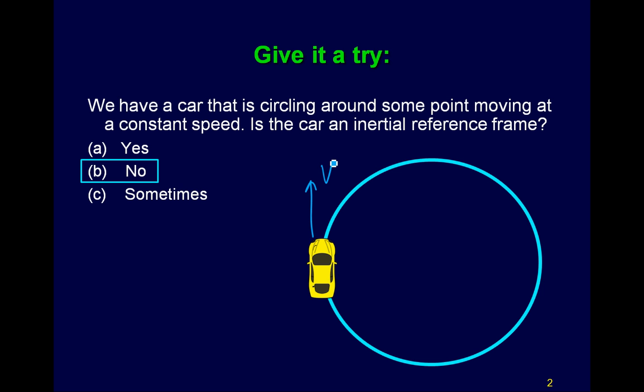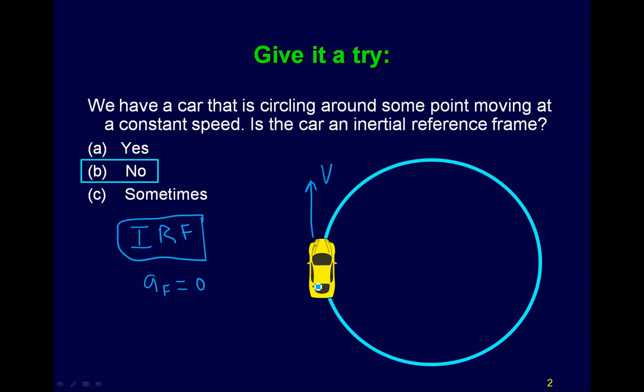The answer is no. An inertial reference frame, and this is a really tricky idea, or at least it sounds tricky, but basically an inertial reference frame is a reference frame that is not accelerating. So the acceleration of the frame has to be 0.